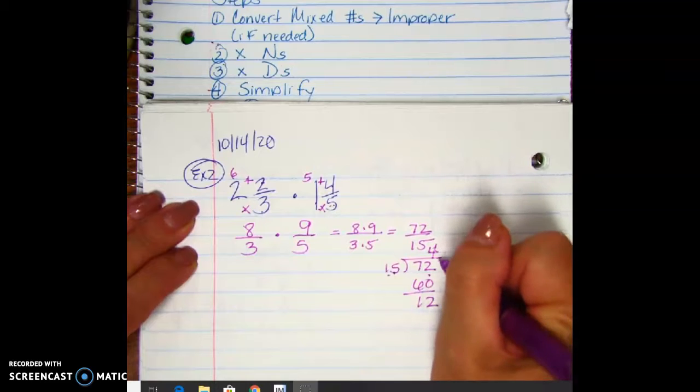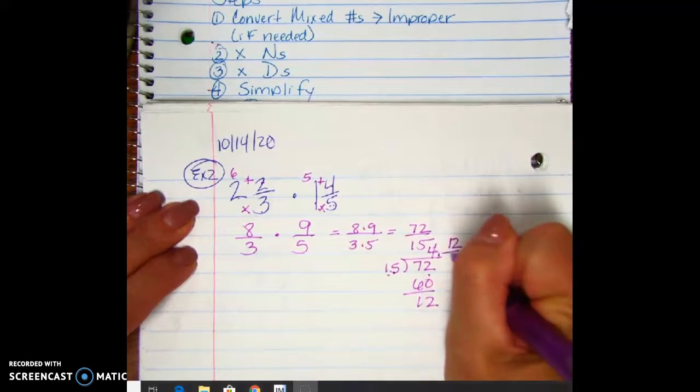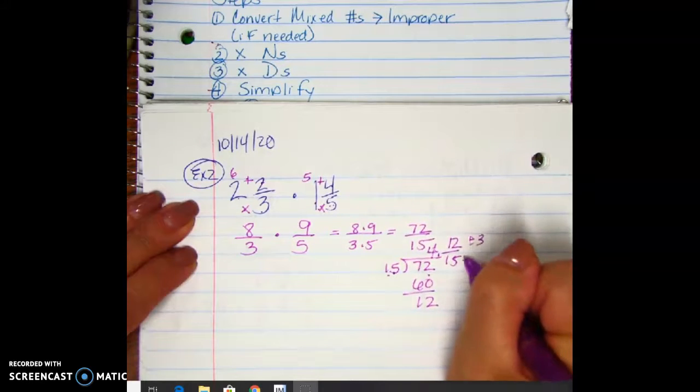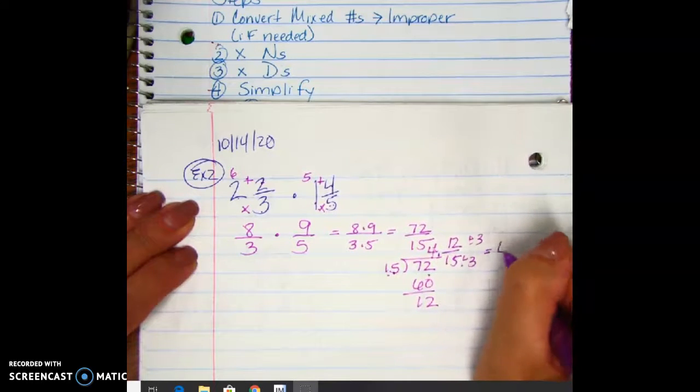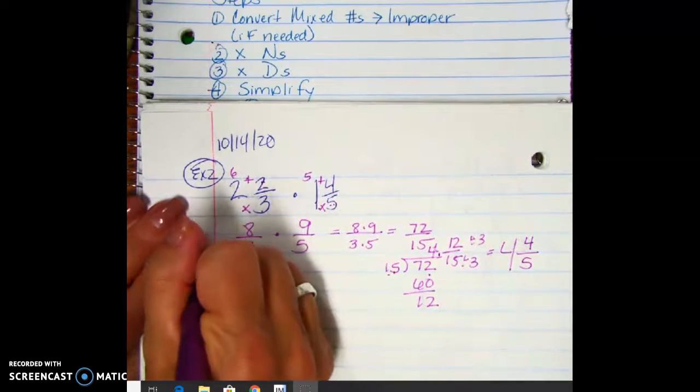And I end up with 4 and 12/15. Hey, 12 and 15 share the factor 3. So it ends up being 4 and 4/5. Well, that was method 1.